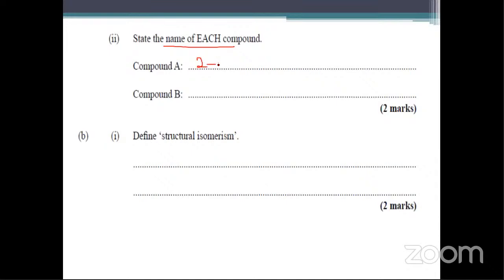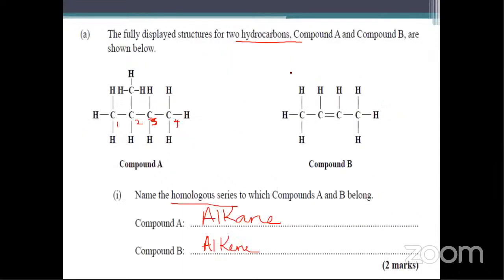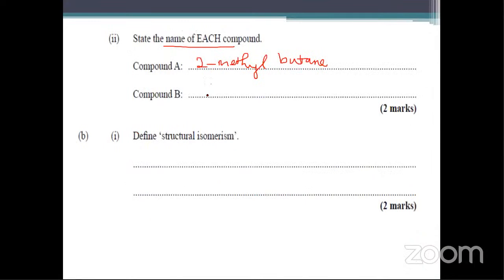So it's 2-methylbutane. All right, let's name compound B. Butene. But what in? Butene. Very good, because the double bond is on the second carbon. So the name is but-2-ene.